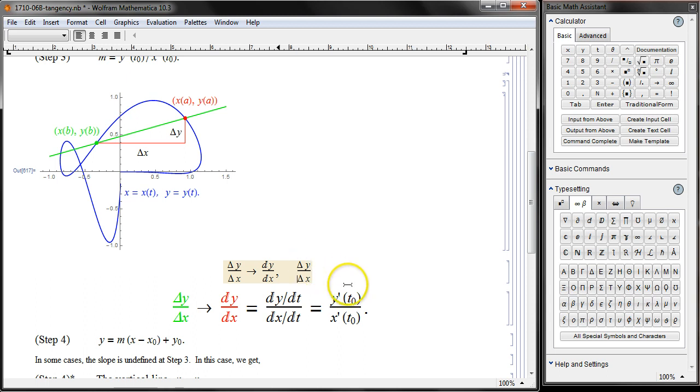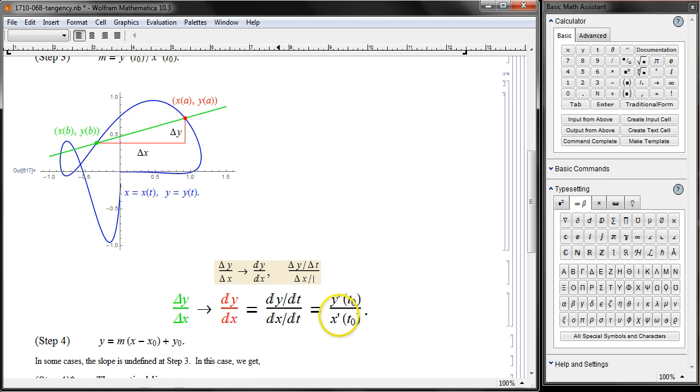From here, divide both the numerator and denominator by delta t, the difference of t coordinate, the difference of time. Then what happens to the numerator? The numerator is delta y over delta t, and that's getting closer and closer to dy over dt.